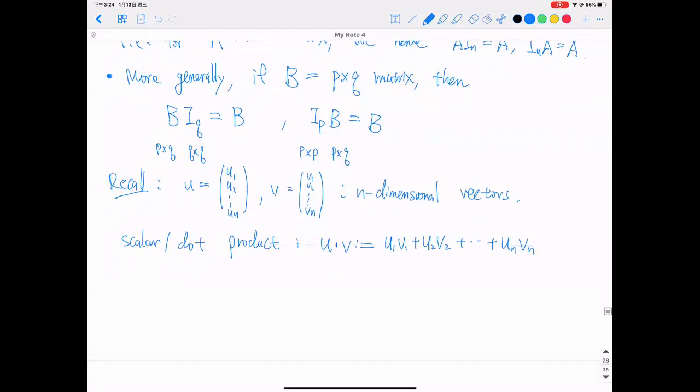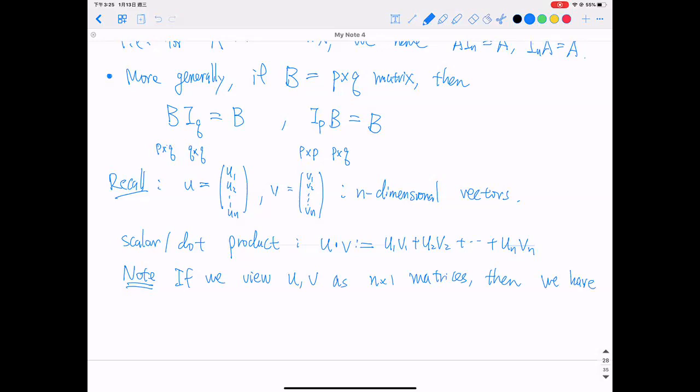Now, there's an easy observation to make. First of all, we can view u and v as n by 1 matrices. Then we have the following equality.